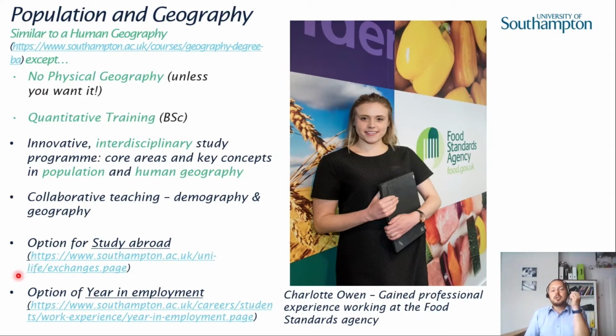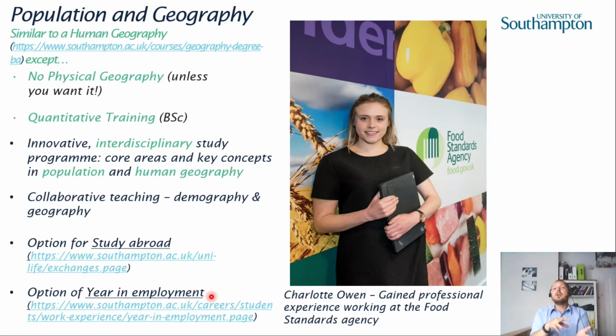You also get the option for a year in employment as well. You don't have to do a year in employment, but we find that a lot of our students benefit from a year in employment because it's an additional skill that they can sell on their CV.